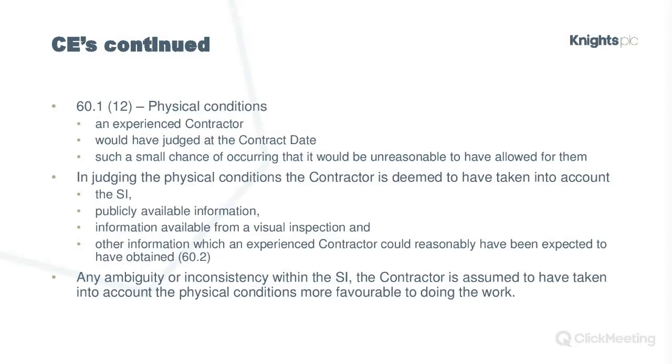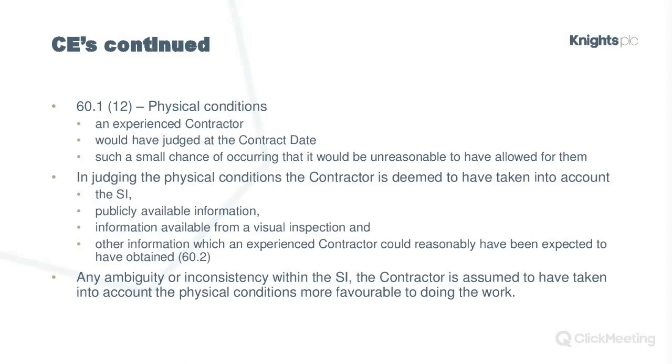Also, publicly available information. I don't know whether you consider that when you're looking at your tenders, but you should be doing a Google search, also thinking about work that you may have done on that site in the past. Information from a visual inspection, that's super, super important.